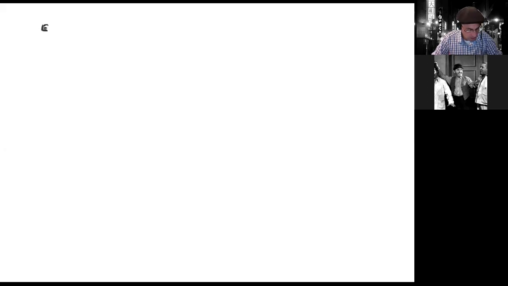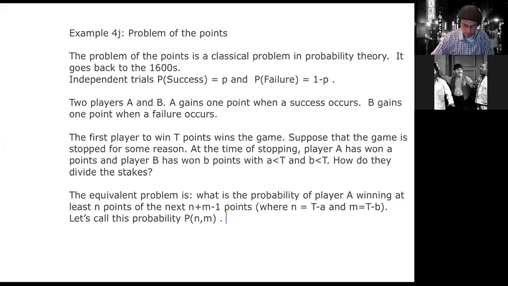So this is example 4J. I think I should pull it up. Okay, so here's the problem of the points. It's a classical problem in probability theory. It goes back to the 1600s. We're talking about independent Bernoulli trials.